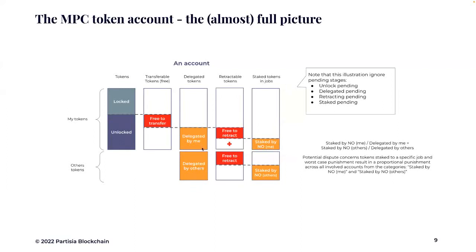But whatever is left, the difference between delegated tokens and tokens in jobs, can be retracted. And it's just one pool of tokens that can be retracted. Most likely there will be tokens available for you to retract. Or if there are not, you'll have to wait for these jobs to end. So that's how it works.